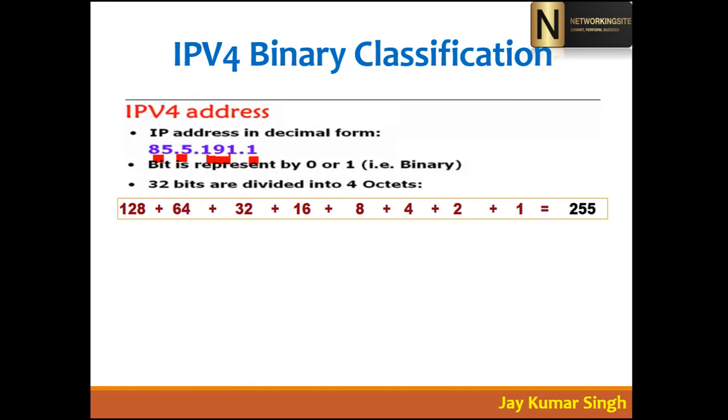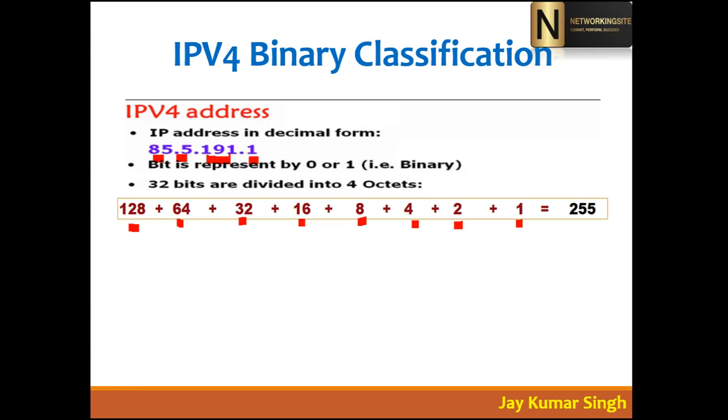See this chart, you know about this chart: 128, 64, 32, 16, 8, 4, 2, 1. This is a very common chart which we already used at the beginning of IP addressing.